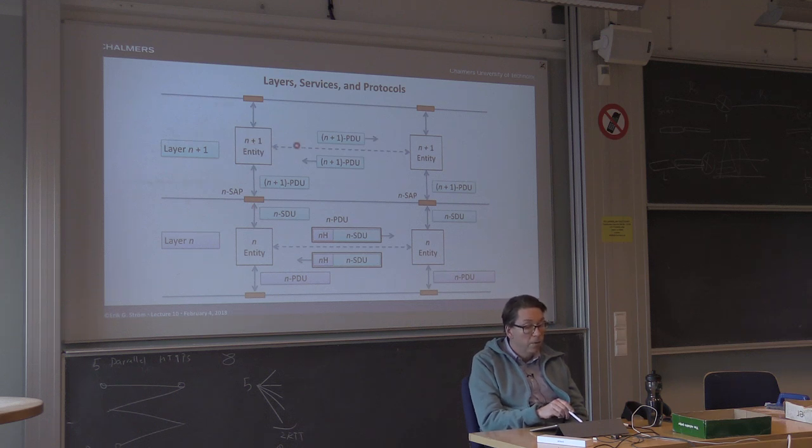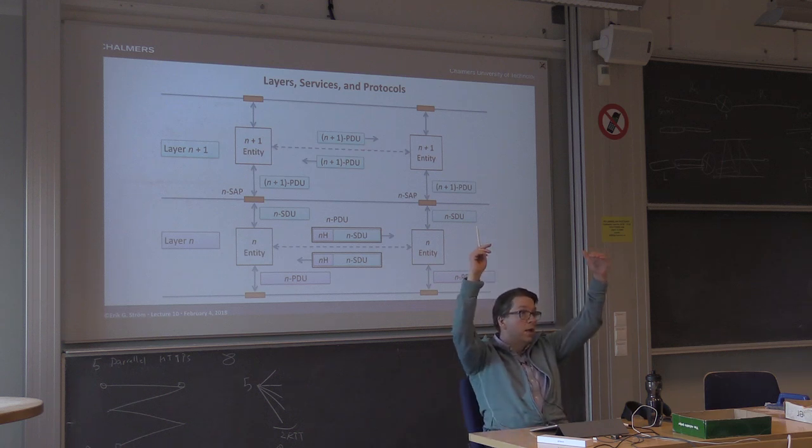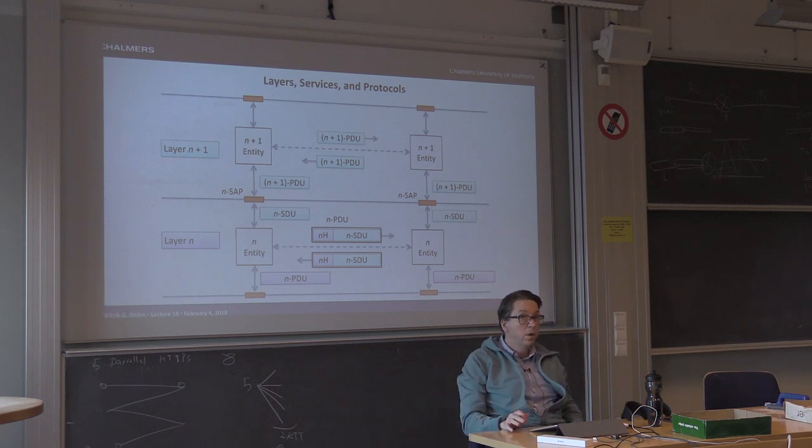And the layer above it provides a service to the layer above it. So the idea is that we provide services up the stack, and we do that in each layer by using the services which are below us, okay? So we can think of it that this service here is getting refined by this layer, it's getting refined by this layer until we hit the application layer, and that's the end of the protocol stack.